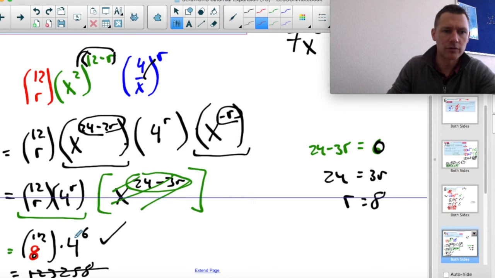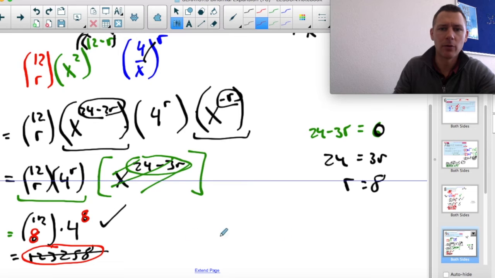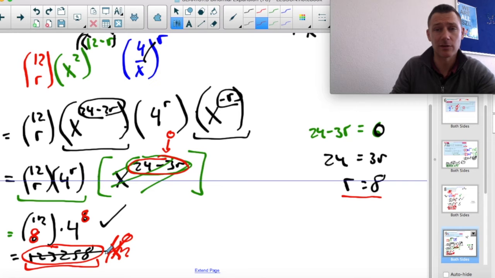I'd say 12 choose 8, and 4 to the 8, and you get a different big old number. And you know when that big old number occurs, it's because the r value is 8, and it's because when the r value is 8, the exponent on the x is 0. So you have x to the 0, so you have no x's because that's 1, so you just have those numbers. It's called the constant term.